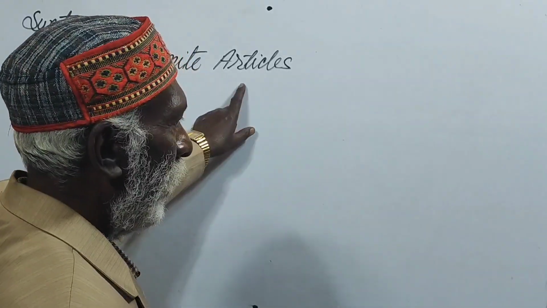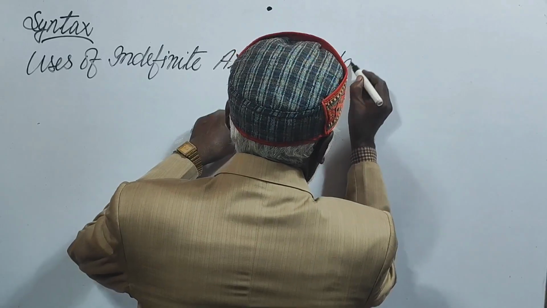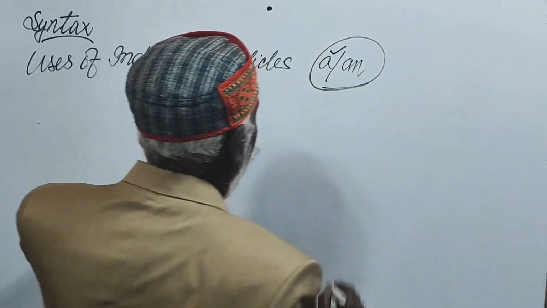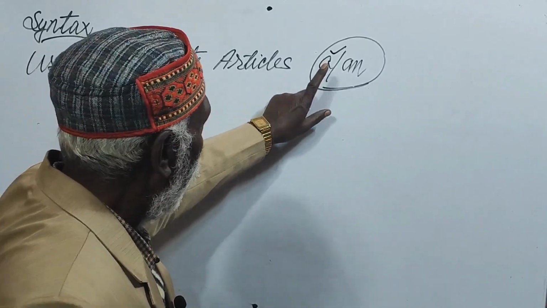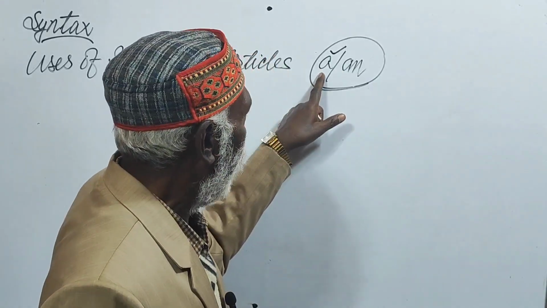Indefinite articles are two, a and an. So let us now learn where to use and how to use them.